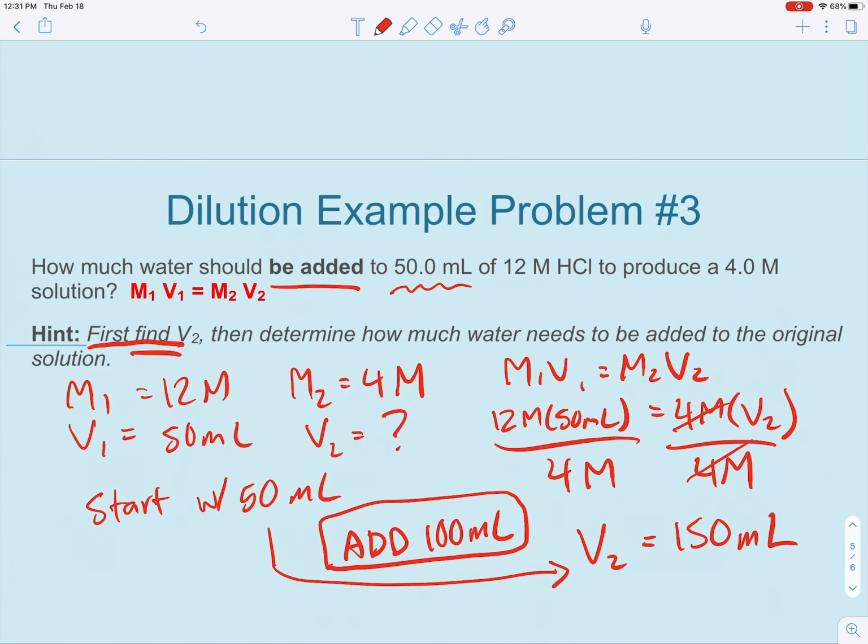By adding 100 milliliters of water to my original solution, I will have diluted it to this 4 molar concentration, which is what I want. I'm going from a high concentration to a lower one, again, by adding 100 milliliters of water here.